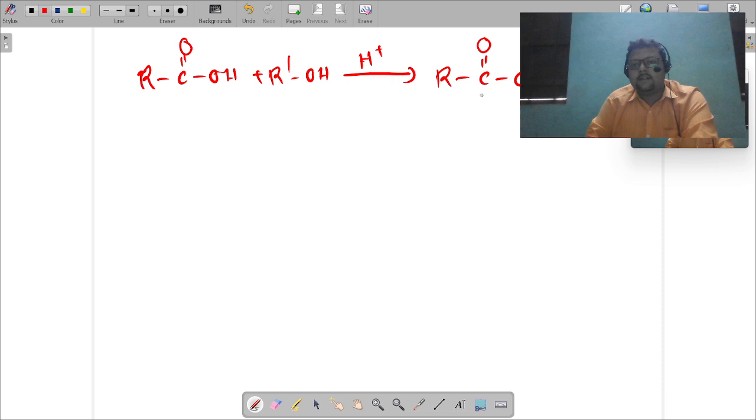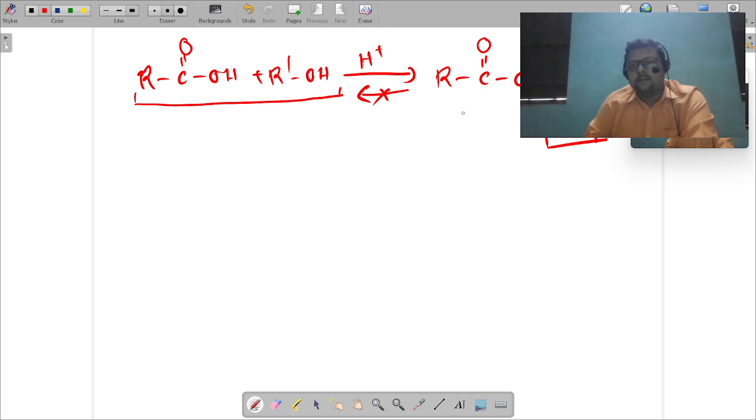Now ideally this ester should give us back this carboxylic acid and this alcohol, but what we tend to do is take up the water formed during the reaction to prevent this backward reaction.